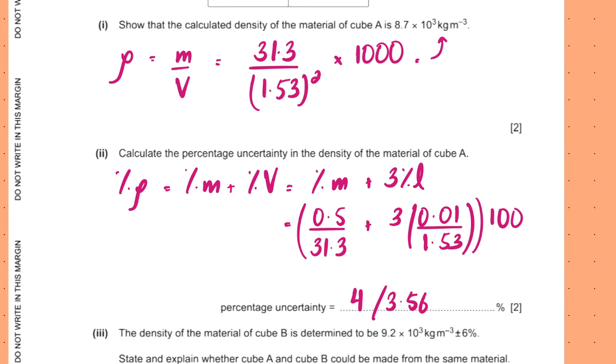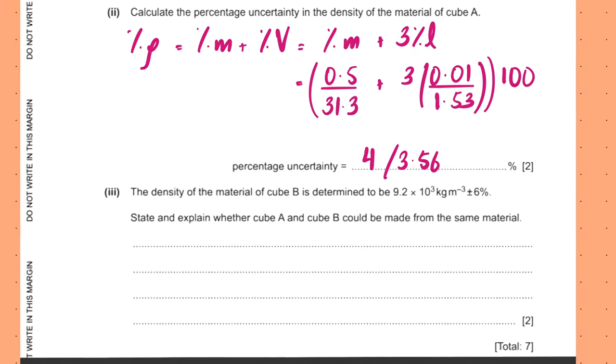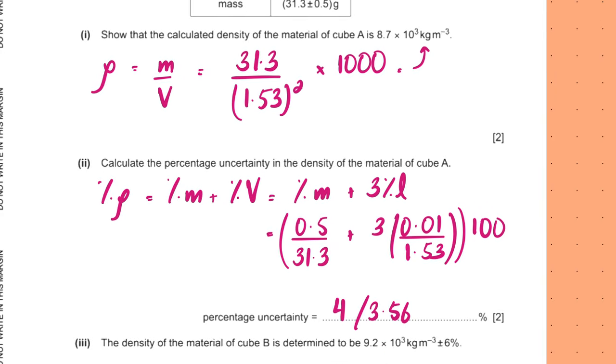So let's check that out. So 8.7 times 10 to the 3, let's find this percentage of this, and because this is smaller than this, let's try to add this to this value.